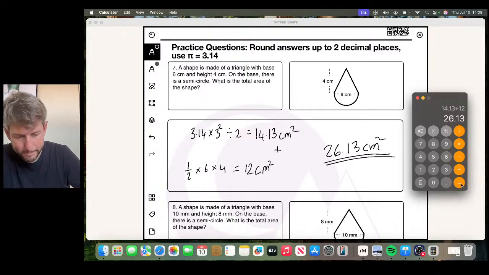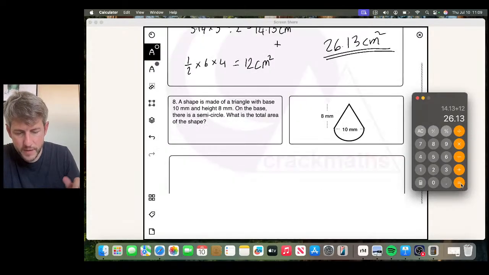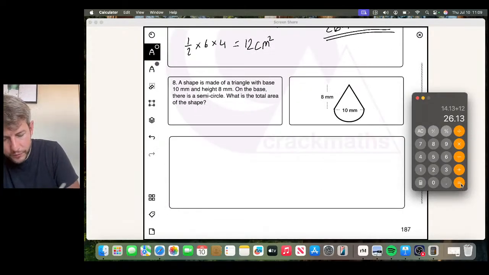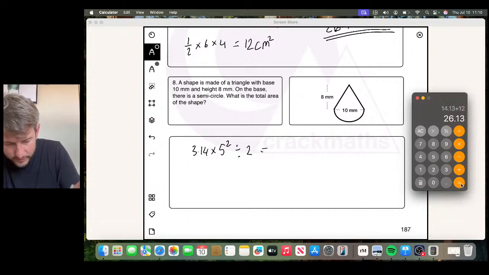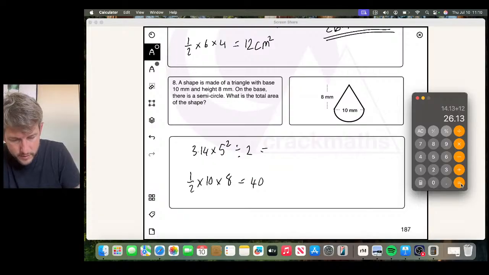Next one. We've got the same shape again, so let me just do the circle first. So the circle is going to be 3.14 times 5 squared divided by 2 because it's a semicircle. The triangle is going to be a half times 10 times 8. So half of 10 is 5, 5 times 8 is 40. So that's millimeters squared.